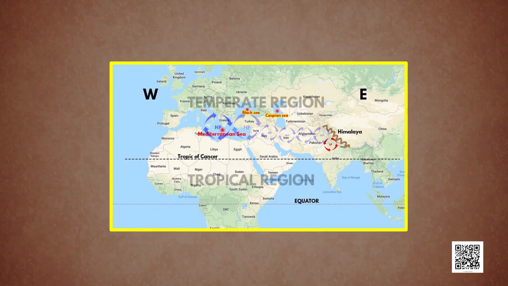If you keep in mind the latitude, the location of our country, you will understand that yes, we are in the dry zone of trade winds which blow from the land to the sea. When we talk about the Himalayas or the altitude, the high Himalayas prevent the cold chilly winds from entering India. Hence, India is not a cold desert. And these Himalayas are responsible for bringing the monsoons also. Hence, India is favorably located.